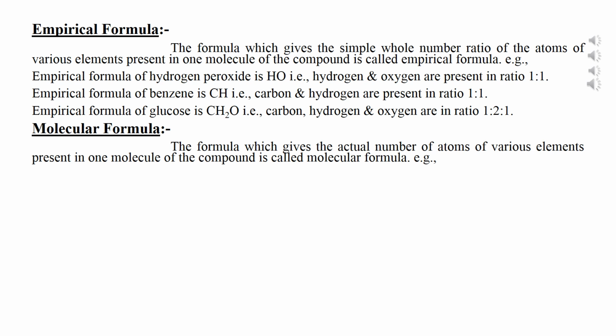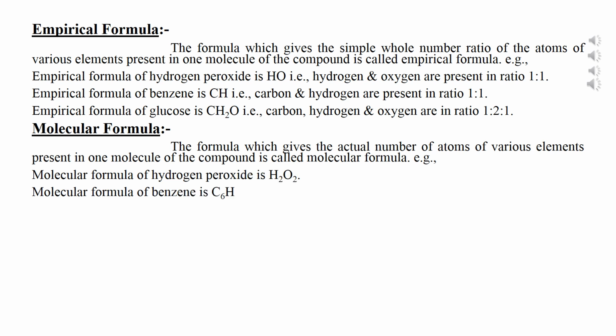For example, the molecular formula of hydrogen peroxide is H2O2. The molecular formula of benzene is C6H6. This is the actual formula of benzene. And the molecular formula of glucose is C6H12O6.